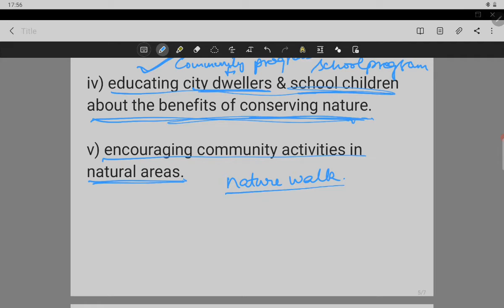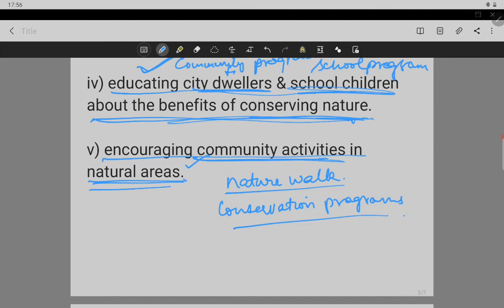That is a nature walk, right? That can help in showing people how important natural areas are. Or there can be conservation programs where people can get involved, right? Things like that. So if community activities are encouraged, then everybody gets involved in protecting natural areas.